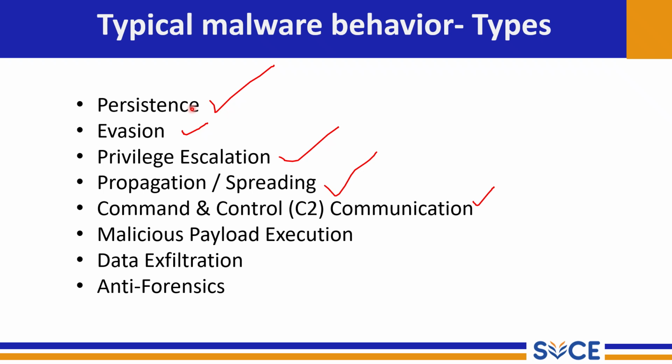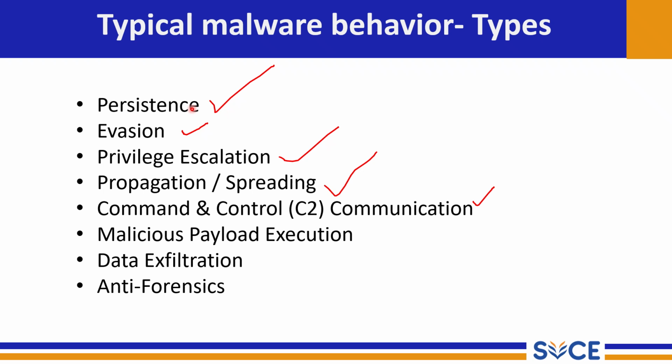And next, polymorphism and metamorphism. Polymorphic malware changes its code with each execution, which makes it even more difficult to detect.